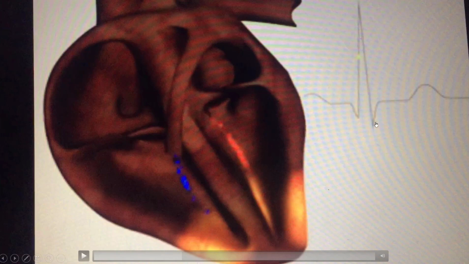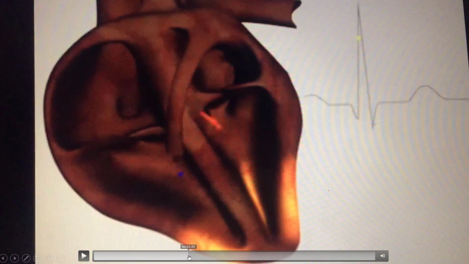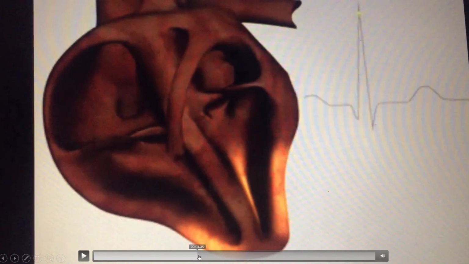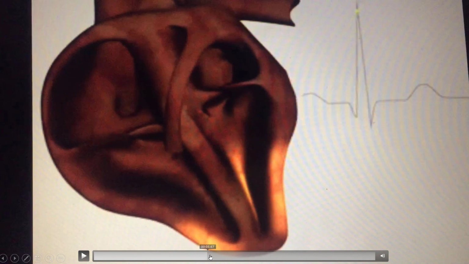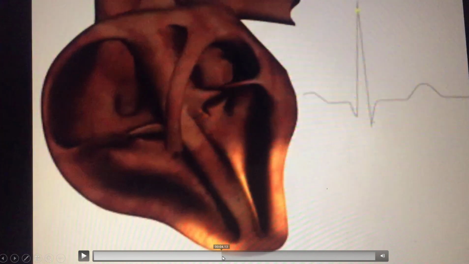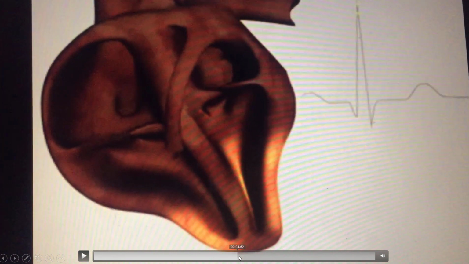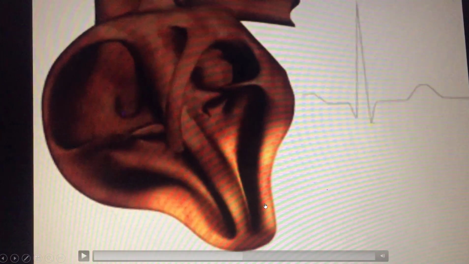Then this current spreads over the ventricle, and this causes production of the QRS complex. The QRS complex is produced due to the contraction of the ventricles and spread of current over the ventricle.